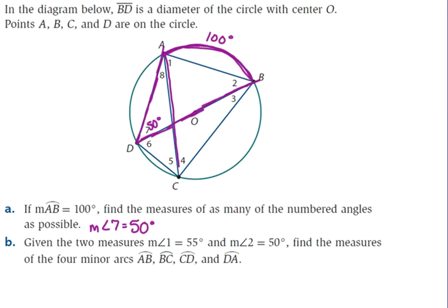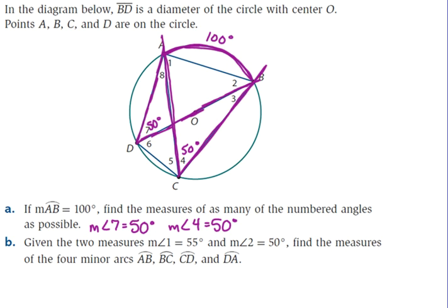If we trace the sides of angle 4, we also intercept that arc AB. So angle 4 is also 50 degrees. Okay, so those are the two inscribed angles for arc AB.